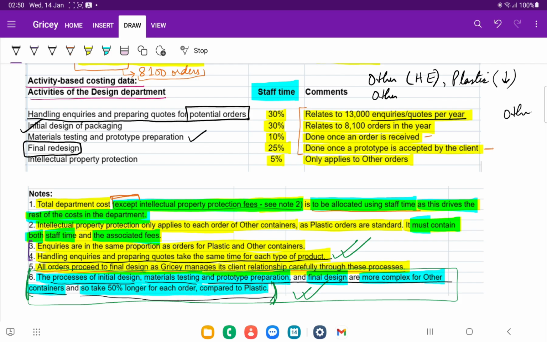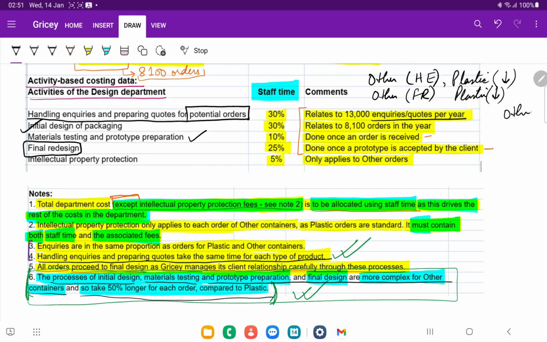So yes, final redesign is something which can be a value added activity for others. But final redesign is something which can be reduced for plastic, because plastic is a simple product, that is a well established product. So probably we don't need to spend much here, but still this cannot be classified as a non value added activity. So this is something which definitely company needs.